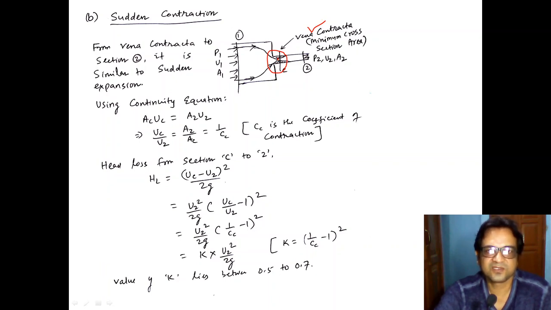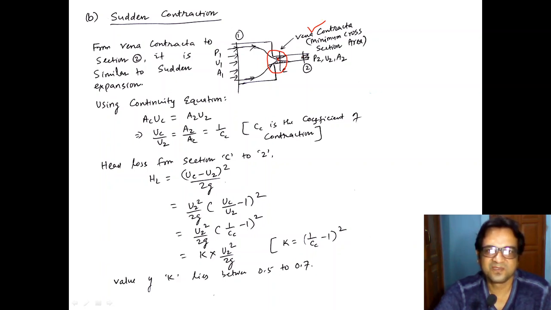And the loss of head takes place due to the flow from C to 2. From C to 2, it is similar to the sudden expansion case. At C, the vena contracta, the cross sectional area is minimum.